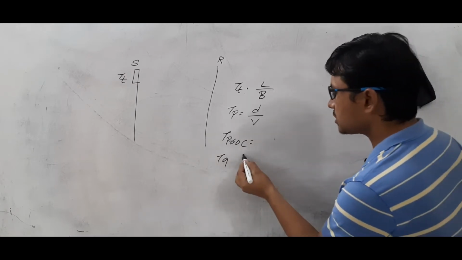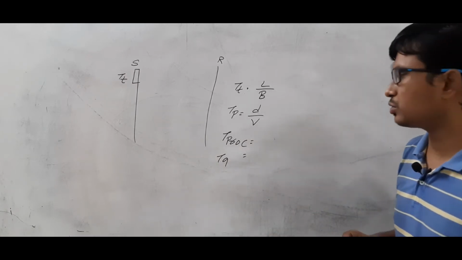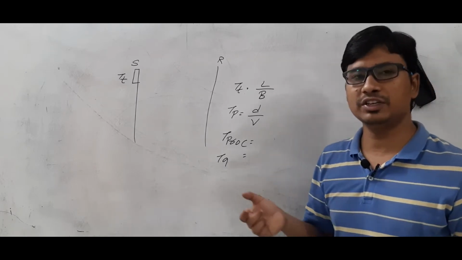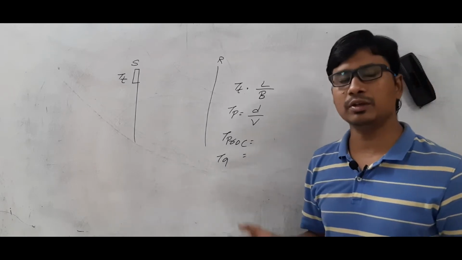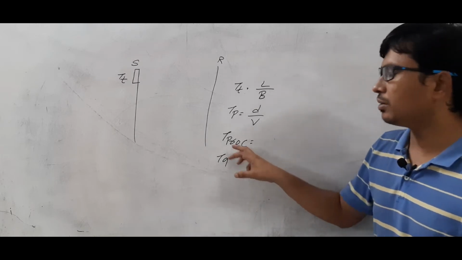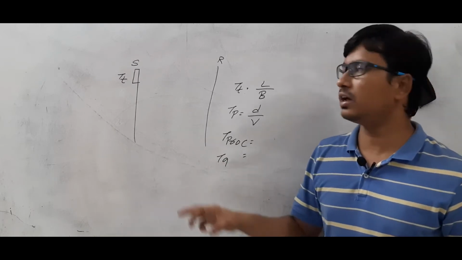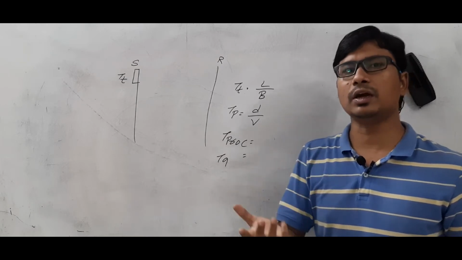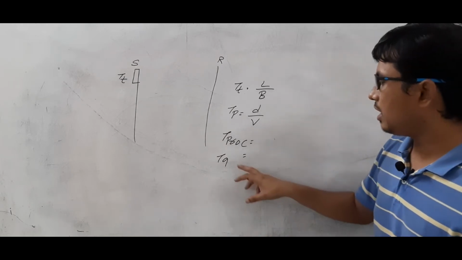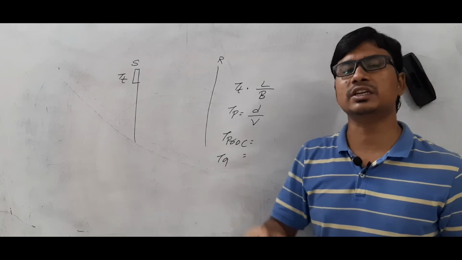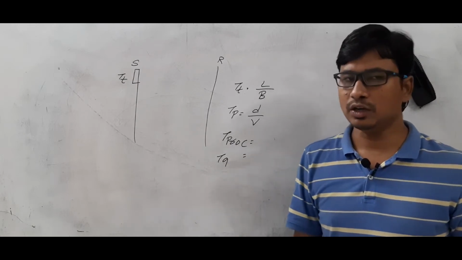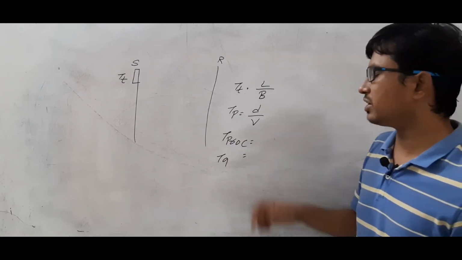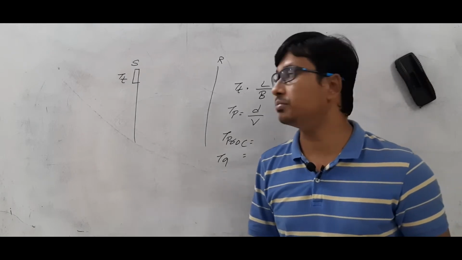These 2 delays depend on the hardware, so we do not have a fixed formula for computing them. The processing delay is the time required to process the packet, and it depends completely on the hardware. The queuing delay is how much time the packet is waiting in the queue. For these 2 we don't have a fixed formula.